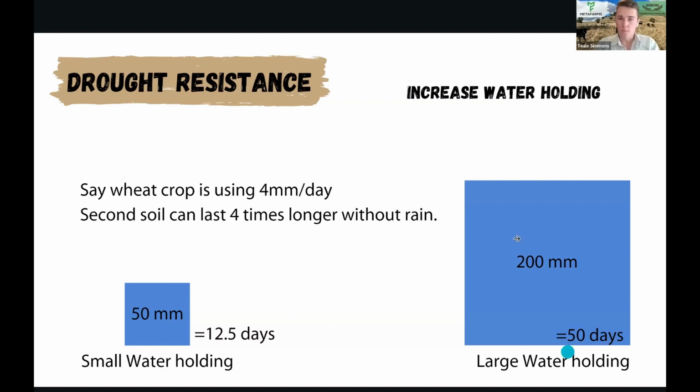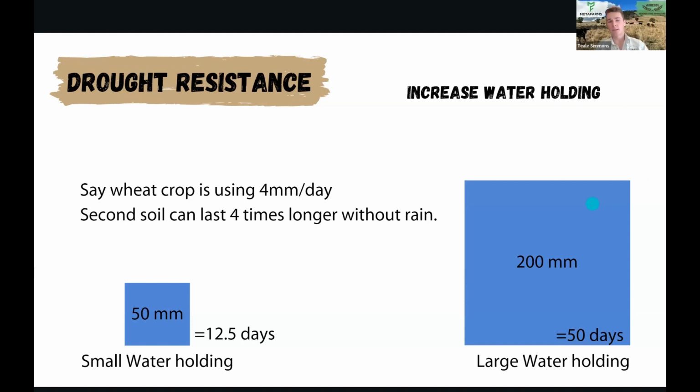On the other hand, if we have a really big water holding capacity and we captured all that rain, our soil is going to be able to last 50 days before it runs out of water. Now, there are a couple of assumptions in that, and that's not really how it works in real life, but the idea still stands.